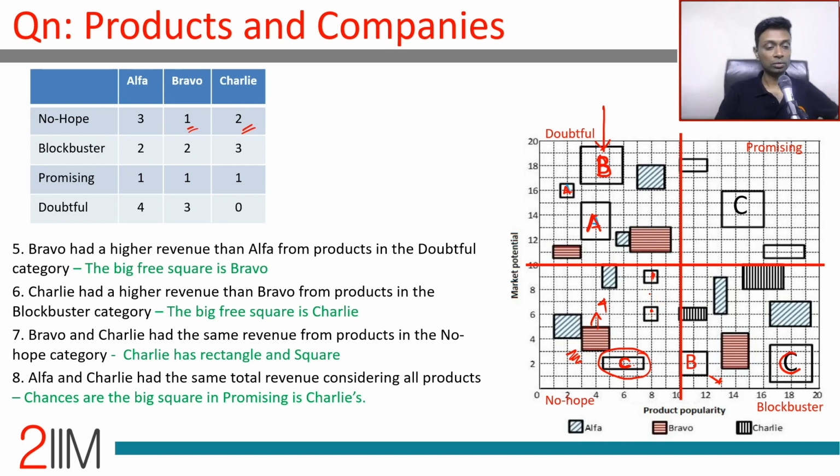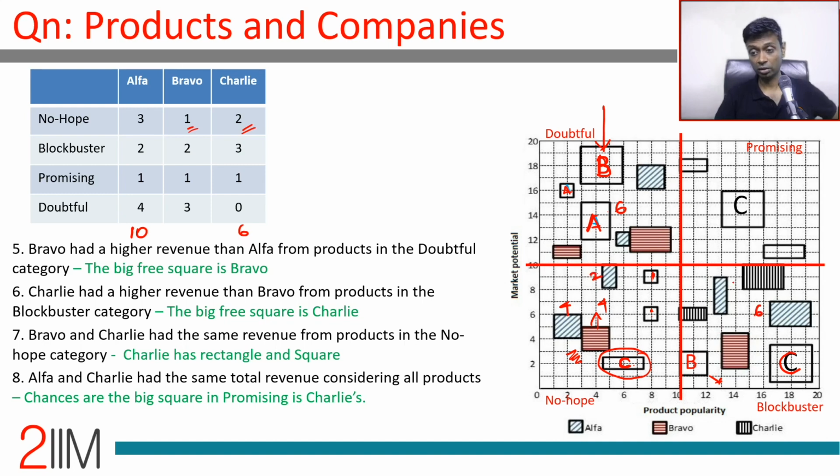Wonderful. Alpha and Charlie had the same total revenue considering all products. Now remember, Alpha has 10 products. Charlie has only 6. Alpha has this accounting for 6, this accounting for 4, this accounting for possibly 2, maybe even 3. It looks fat.